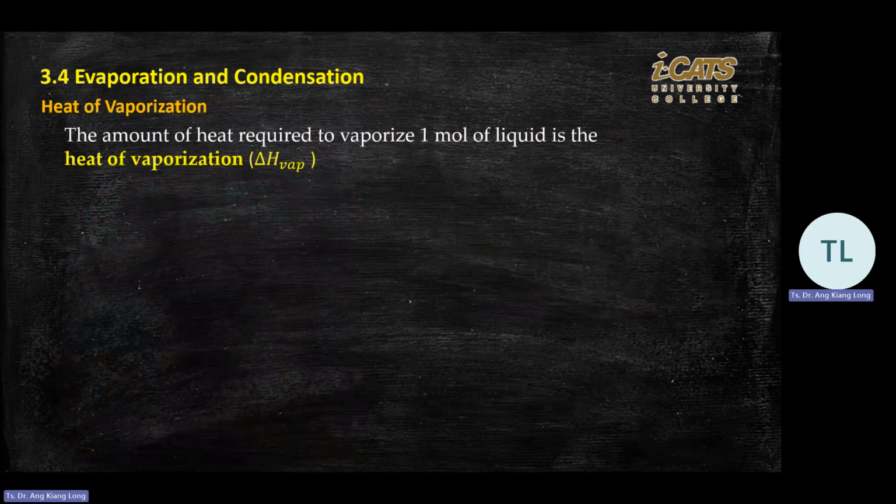Okay, we start to look at delta H vaporization. Heat of vaporization is the amount of heat, or quantity of heat, required to vaporize 1 mole. The keyword here is 1 mole.